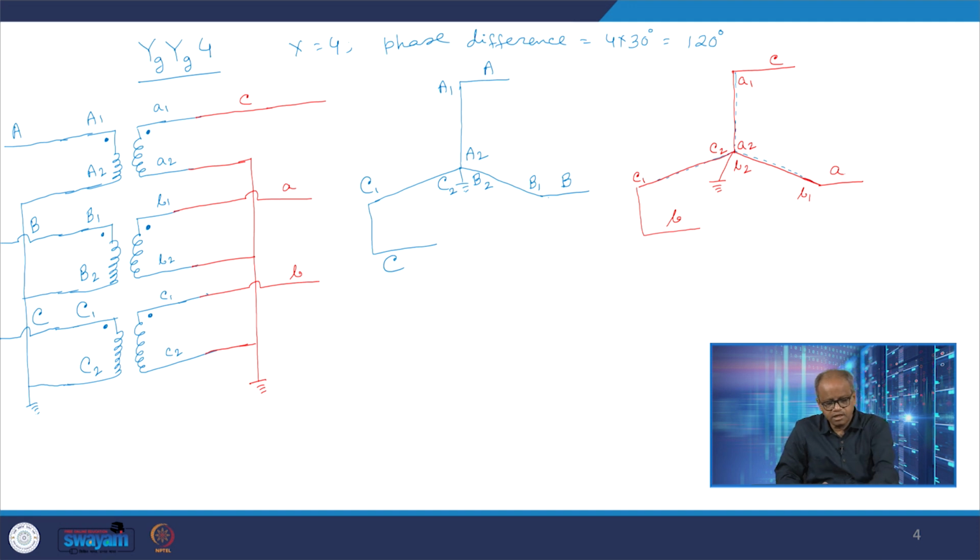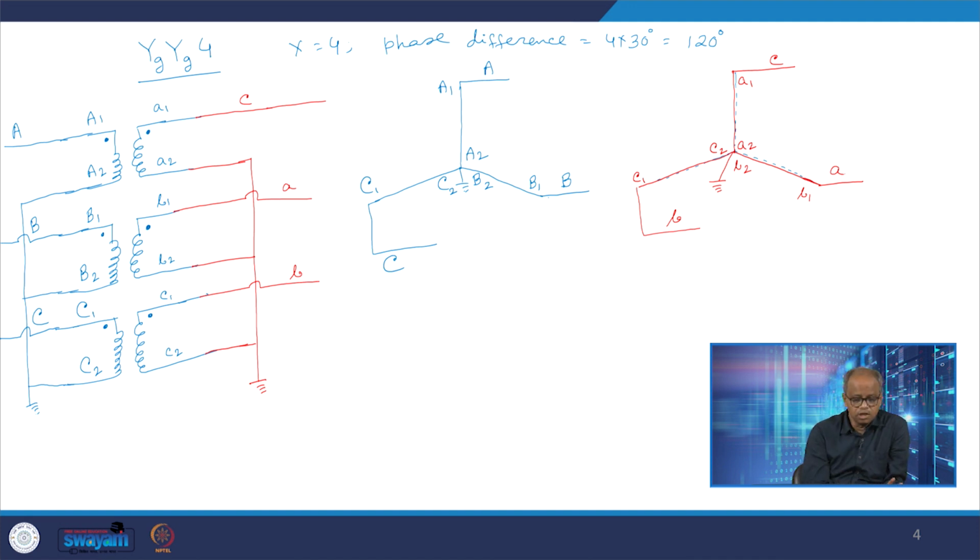So this connection diagram is obtainable from this vector diagram. From terminal A1, I will take phase C. From terminal B1, I take phase A. And from terminal C1, I take phase B. And that's what we have done.